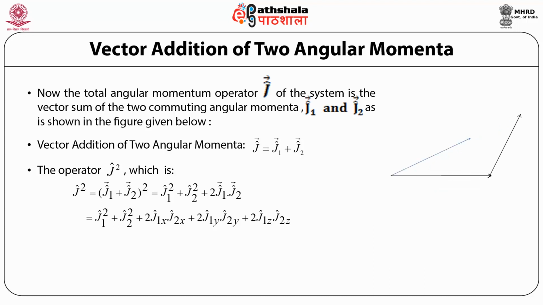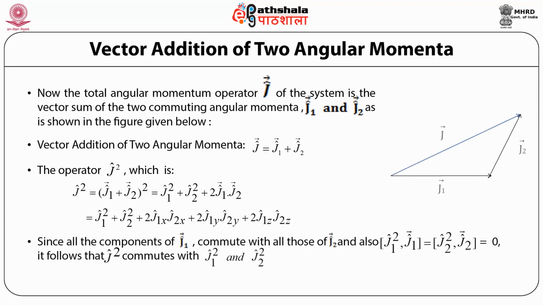This is equal to J1 square plus J2 square plus 2 times J1x into operator J2x plus 2 times operator J1y into operator J2y plus 2 times operator J1z into operator J2z.